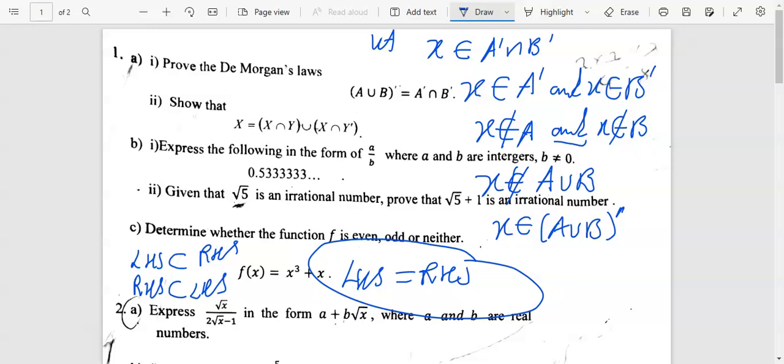Like the thing is this, you can have A being a subset of B, but B is not a subset of A. So in this case, these two are not equal. That is why you always need to show that A is a subset of B and then B is a subset of A. After then those two are equal. So that is how you get to do it. We are good? All right.